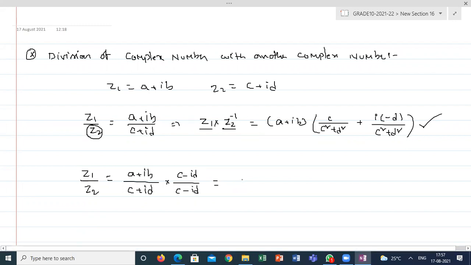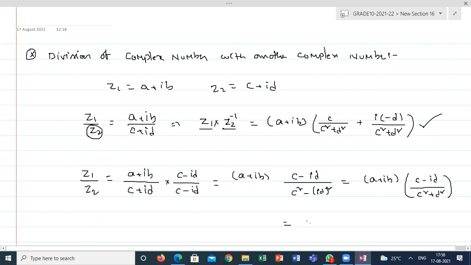Let's see whether I'm getting the same or not. a plus ib into c minus id divided by c square minus id whole square, so a plus ib into c minus id by c square plus d square. That is a plus ib into c by c square plus d square plus i into minus d by c square plus d square. See here.